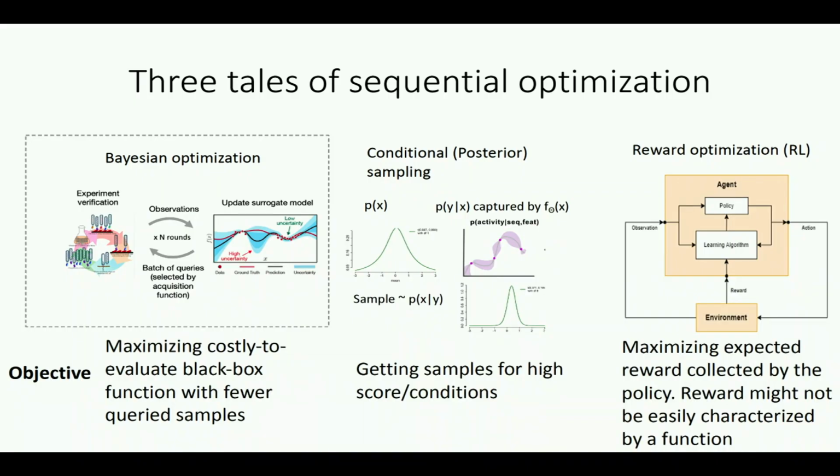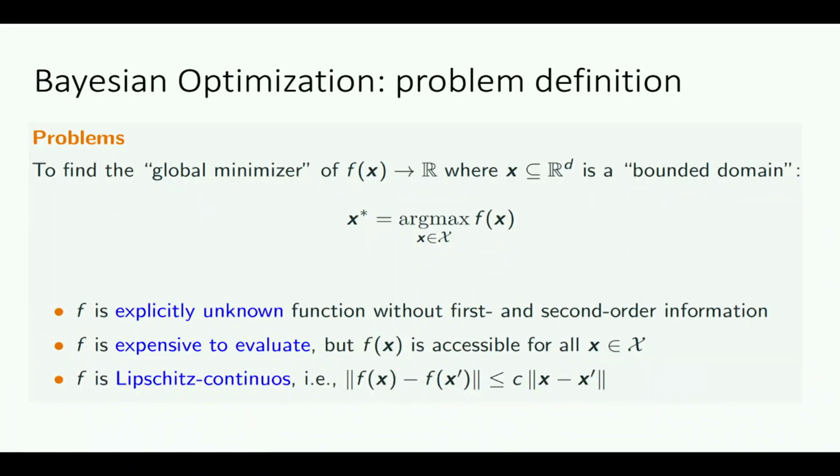So first of all, we're going to talk about Bayesian optimization, which, if I use a single sentence to summarize, its objective is maximizing a costly to evaluate black box function with fewer queried samples. So to formally describe the problem, we want to find the true minimizer or maximizer of a function f of x, where f of x is hidden.